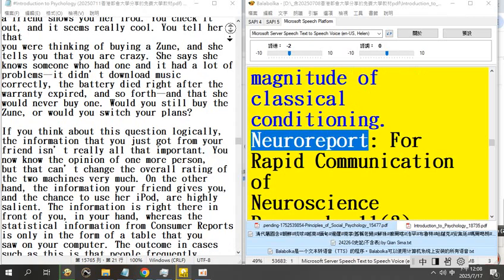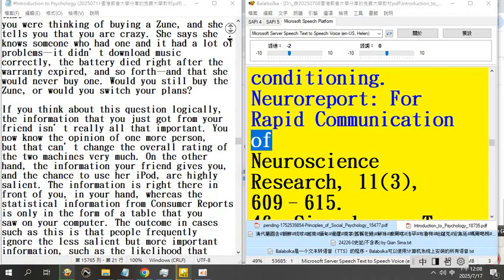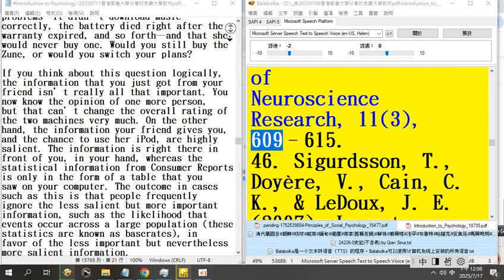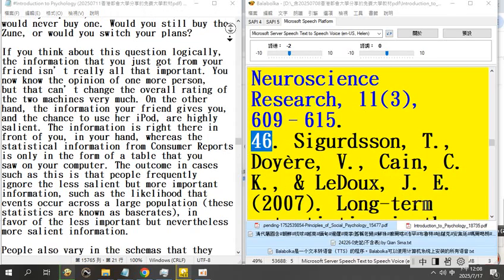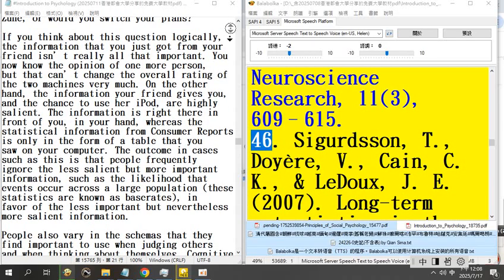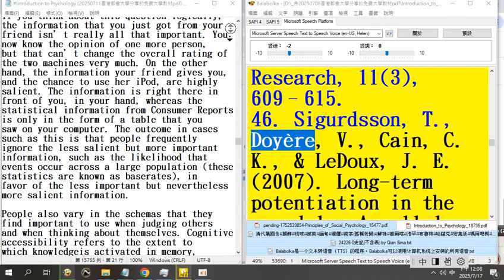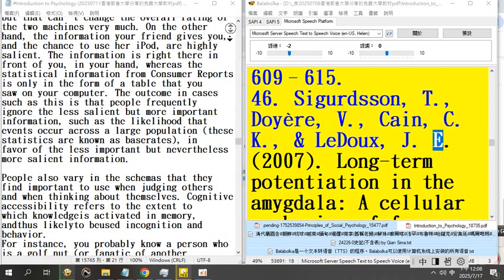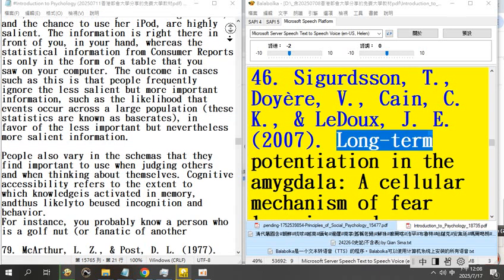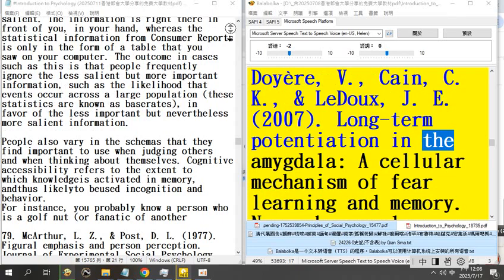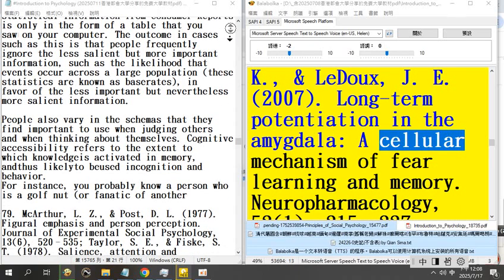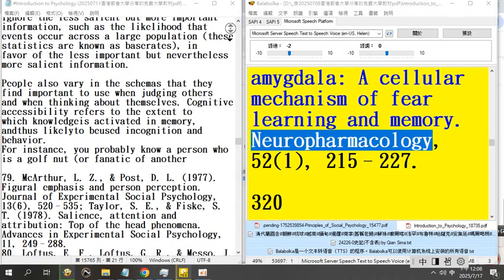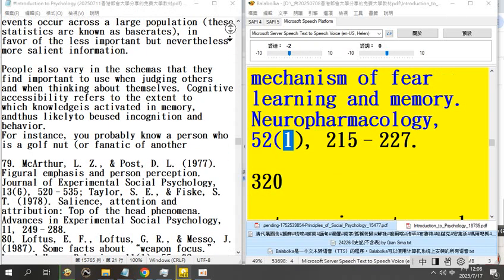Neuroreport, for rapid communication of neuroscience research, 11, 3, 609-615. 46. Sigurdsson, T., Doyere, V., Cain, C.K., and LeDoux, J.E. 2007. Long-term potentiation in the amygdala, a cellular mechanism of fear learning and memory. Neuropharmacology, 52, 1, 215-227.